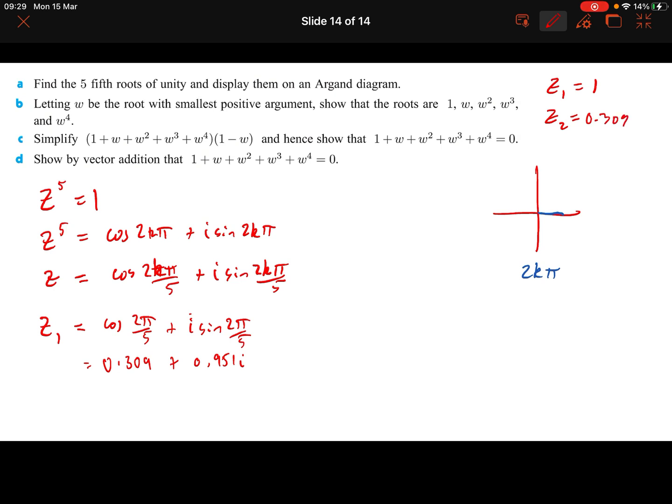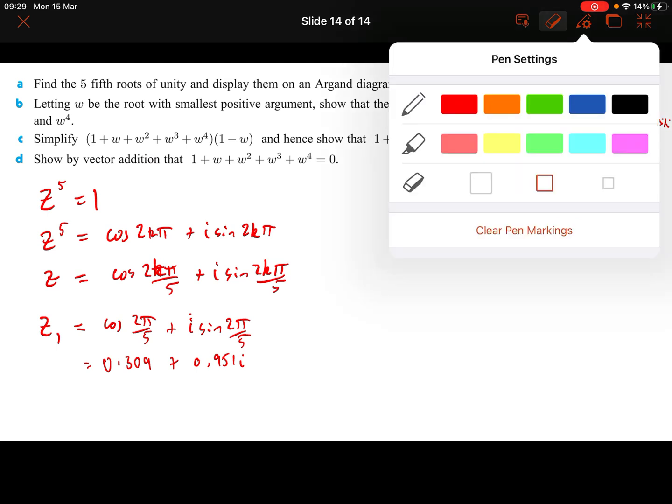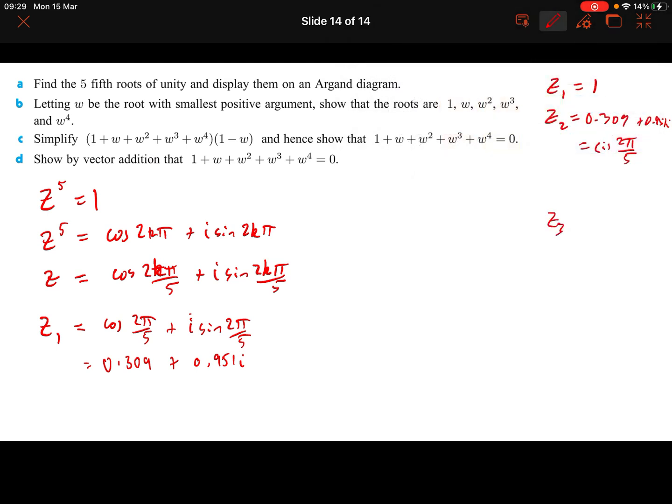Okay. Now, I'm just going to write it down over here, 0.309 plus 0.951i, but I'm also going to write it down in cis form, so it's going to be cis 2 pi over 5, okay? And I hope you can see that in cis form, each one of them is just going to be multiplying 2 pi over 5 by 2, basically.